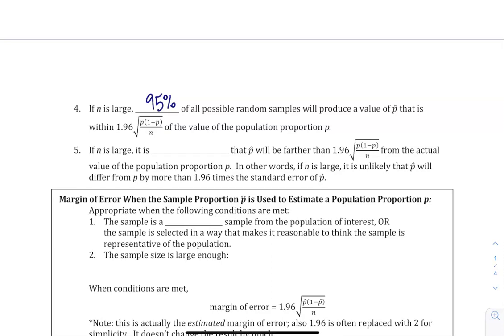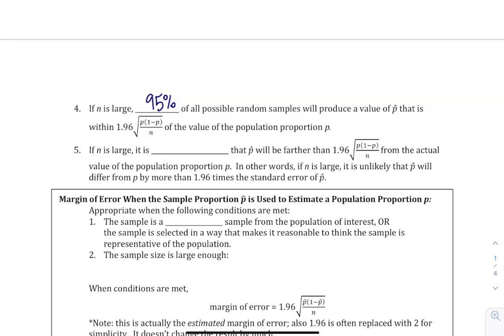So you can see how we're building on this. We have a large sample size, so we're able to use the normal distribution. We know that 95% of our values are going to fall within 1.96 times the standard deviation, which in this case is given as the square root of p times 1 minus p over n.